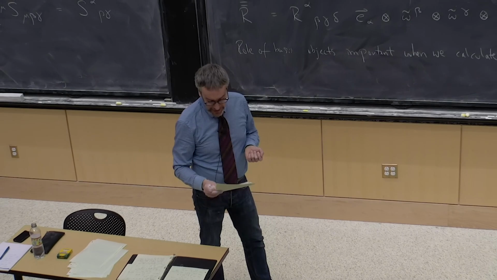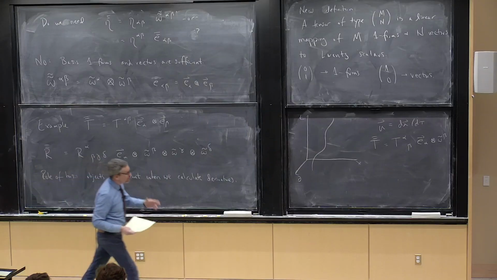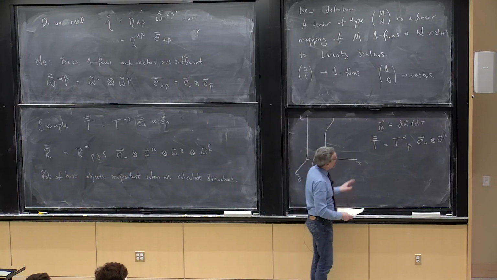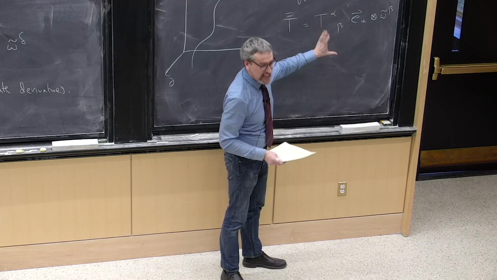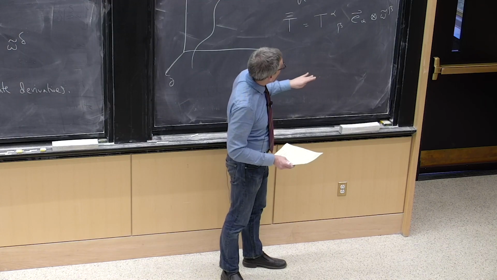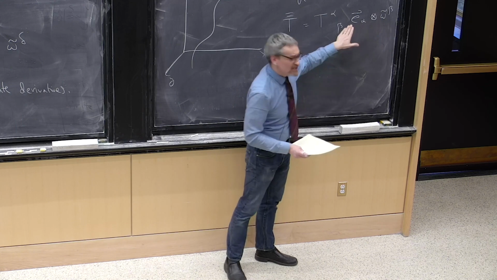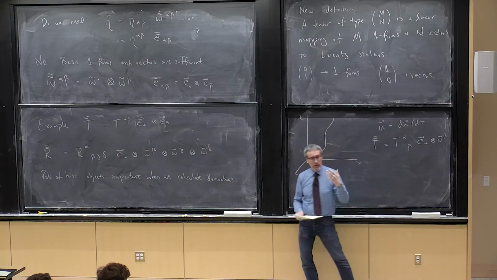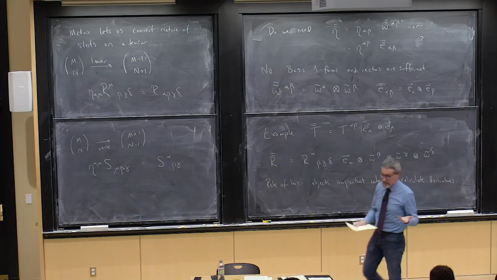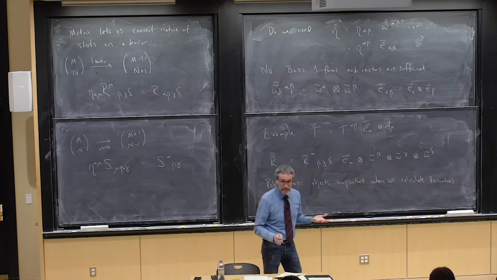When I go and calculate the derivative of this thing, when we're working in special relativity, where we are right now, these basis objects are going to be constant, so it doesn't really matter. But soon we're going to generalize to more complicated geometries, more complicated spacetimes, and the basis objects will themselves vary as I move along the trajectory.